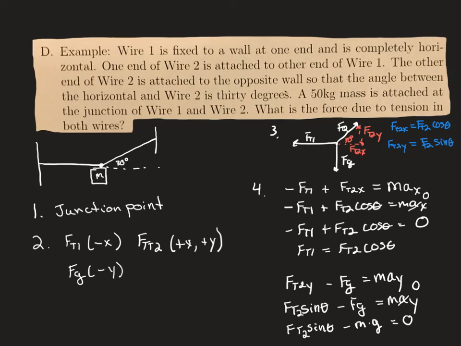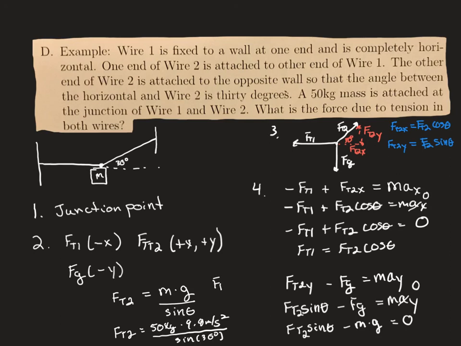I can rearrange this to say that the force of tension 2 is equal to m times g divided by the sine of theta. And this information is all provided in the problem. So the force of tension 2 is equal to 50 kilograms times 9.8. Remember, the minus sign was already taken care of by making the force negative. Then we're going to divide by the sine of 30 degrees.